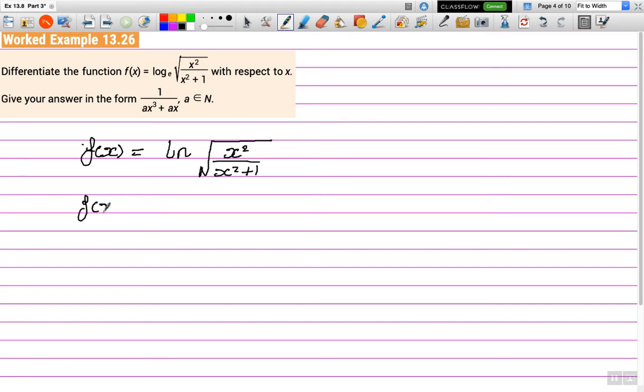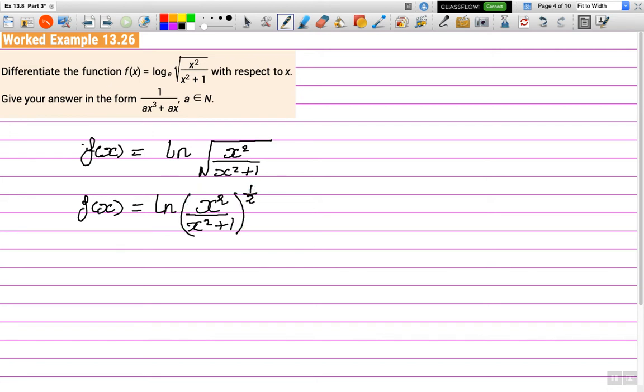And we can't differentiate this at this moment in time because it's not written in power format. So we're now writing it in power format. We've got x squared over x squared plus 1 to the power of a half.